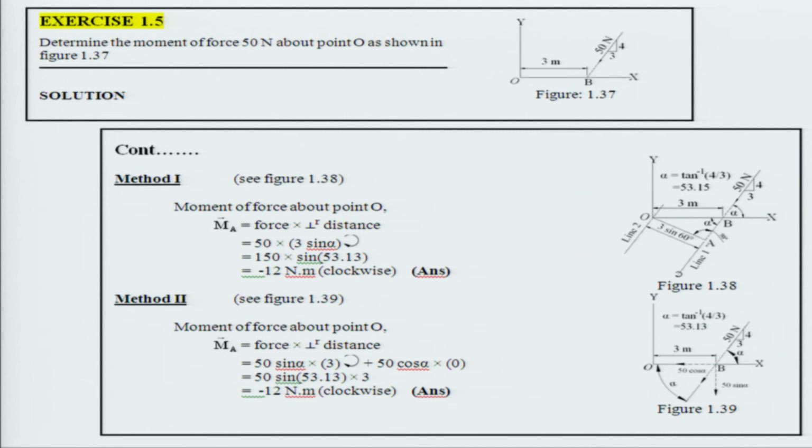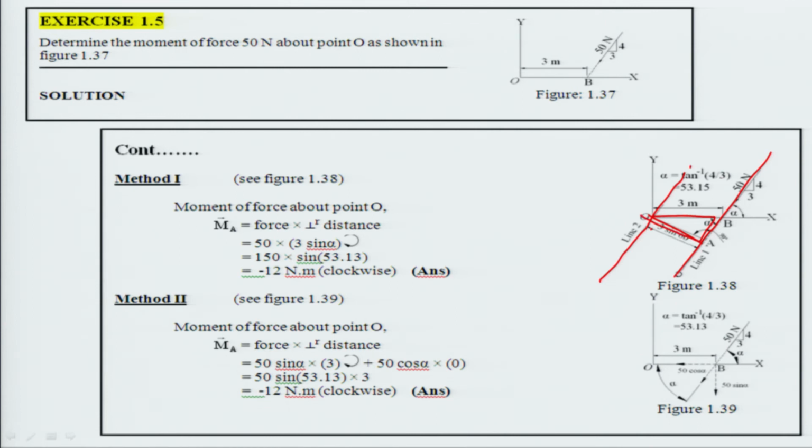With the first method, moment is force into perpendicular distance. To calculate the perpendicular distance, we need to draw a line parallel to this, and the distance between these two will be the perpendicular distance, calculated with the help of this triangle.